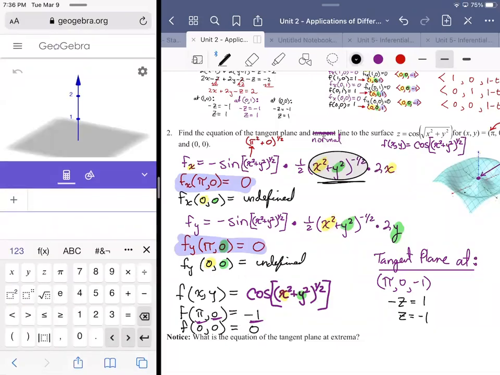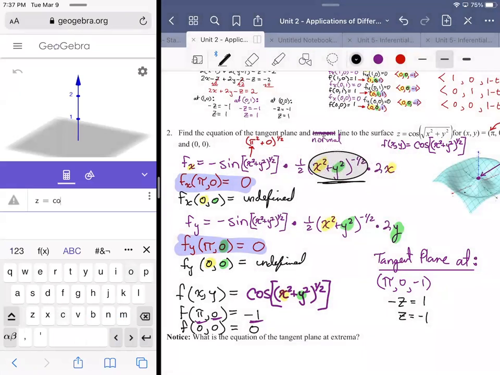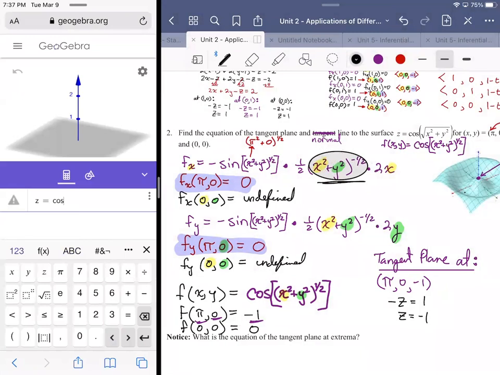All right, so it's z equals cosine of the square root of x squared plus y squared.